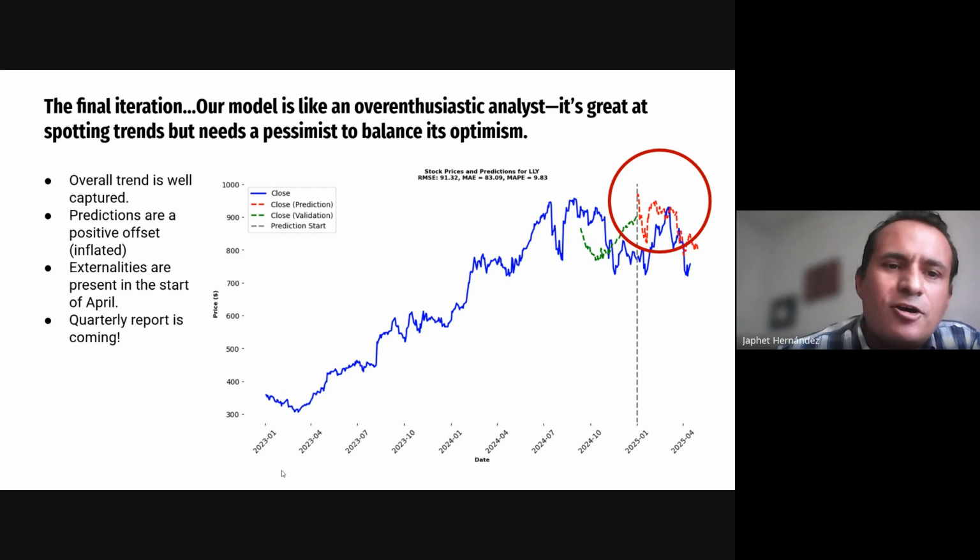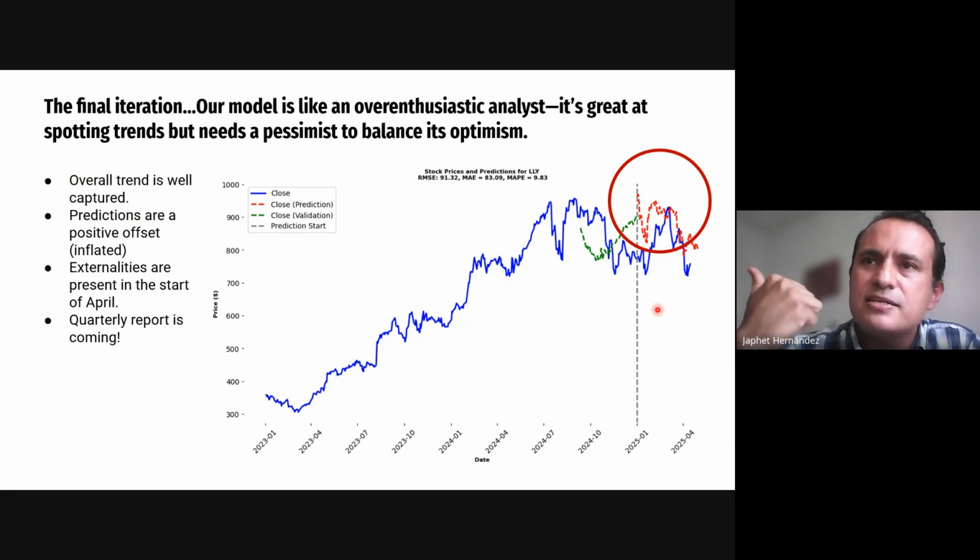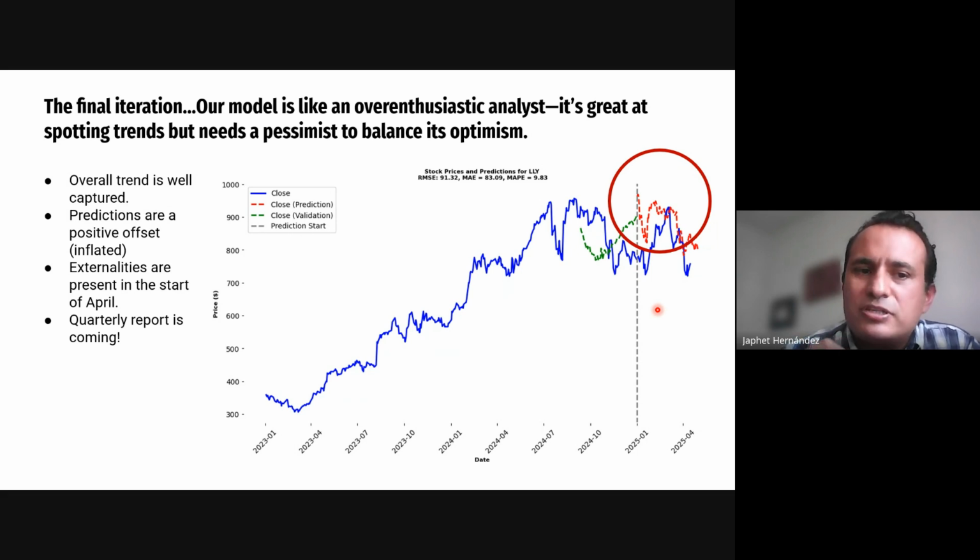The overall trend is well captured, since we can see that the peaks and the drops are well behaved and aligned with the general shape and size of the original series. However, it's somewhat optimistic, since the predictions have a positive offset, they're inflated compared with the original series.